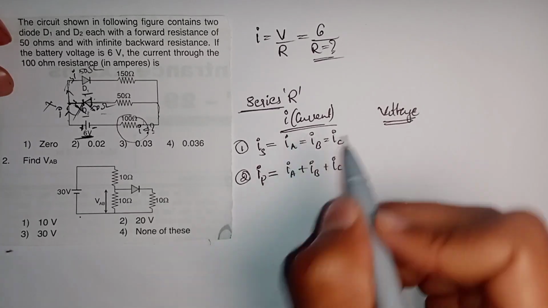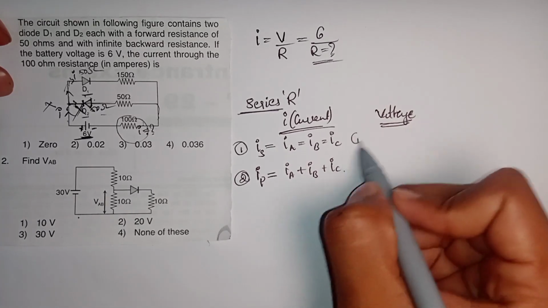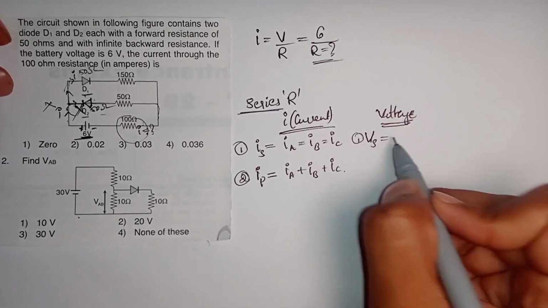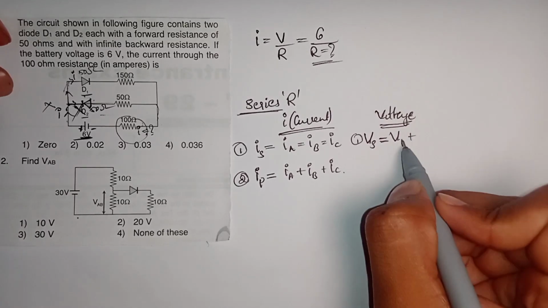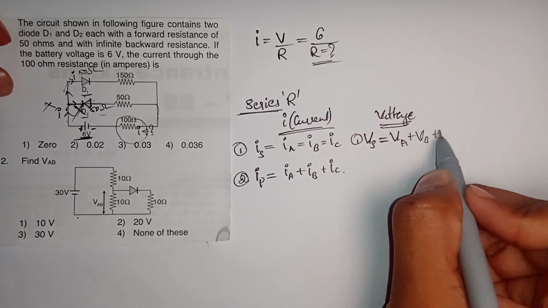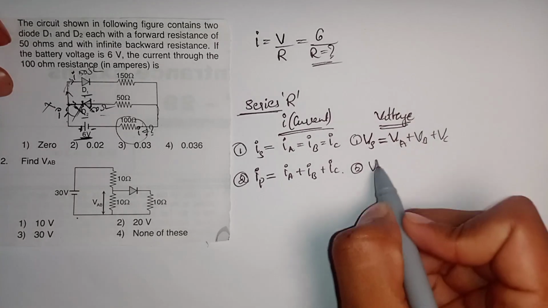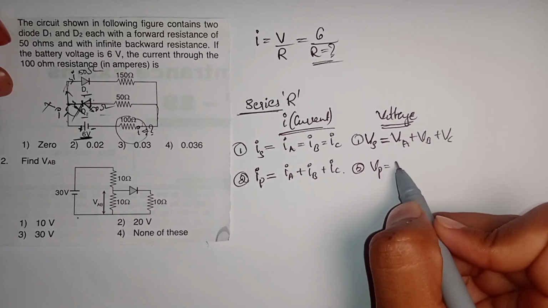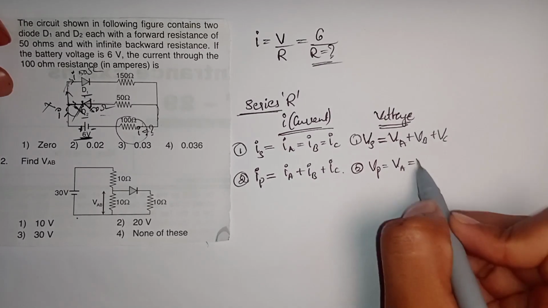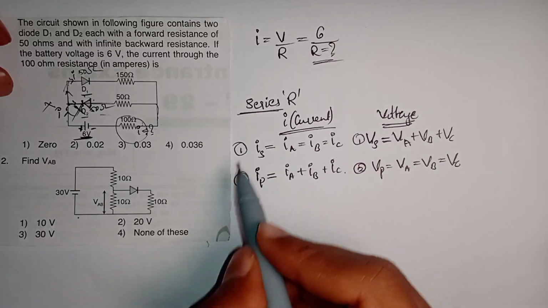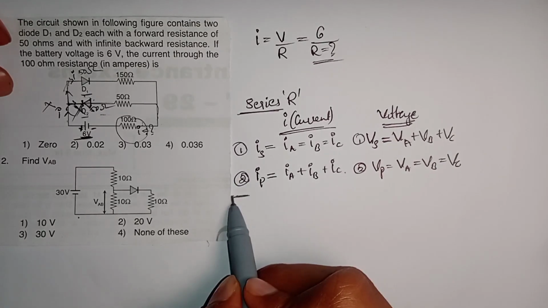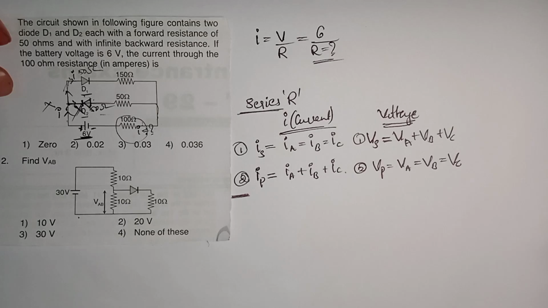For voltage in series, the voltages get added, that is VA plus VB plus VC. In parallel, VA equals VB equals VC. These are the important conditions to remember to solve circuit type questions.